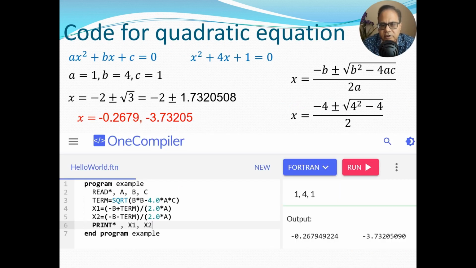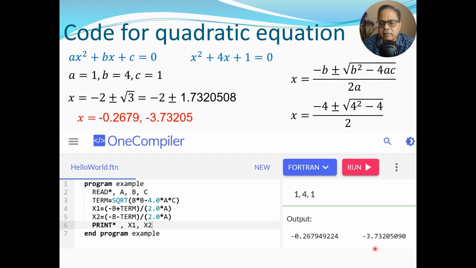Now this of course is a problem I can very easily solve. So I have put this particular piece of code here, and I compile it and I run it with 1 4 1, that is a b c are 1 4 1, and I have got the solutions here as negative 0.2679 and negative 3.73205, which you can actually verify by hand calculation using a calculator.